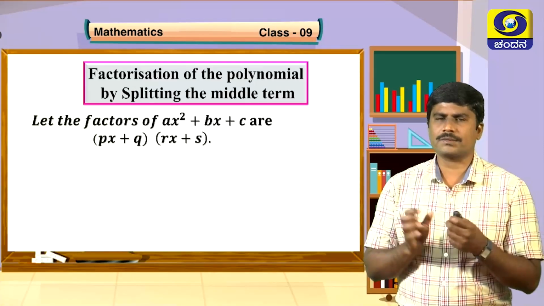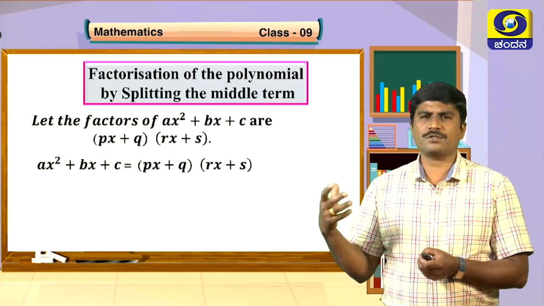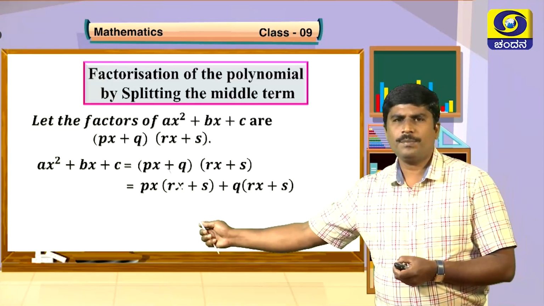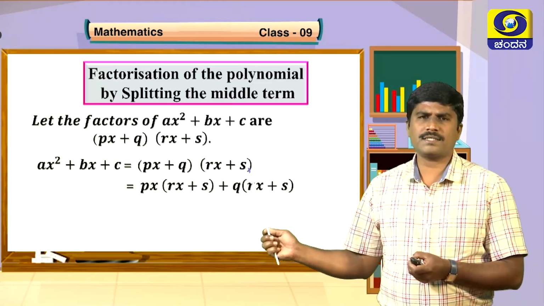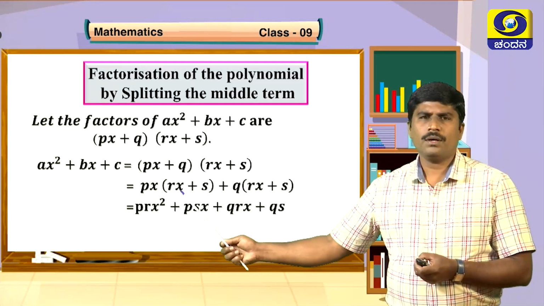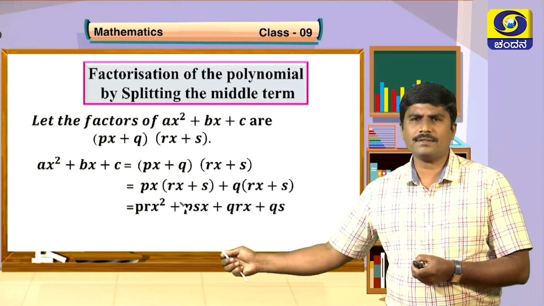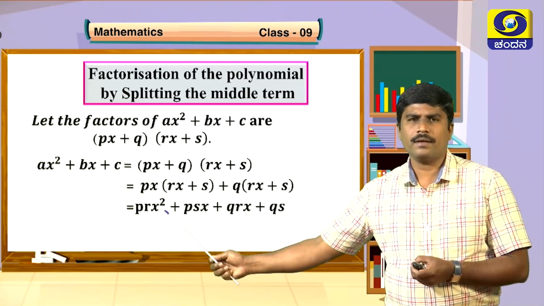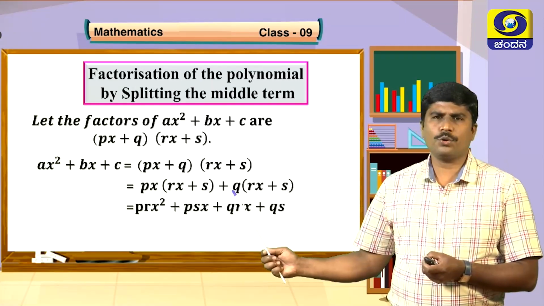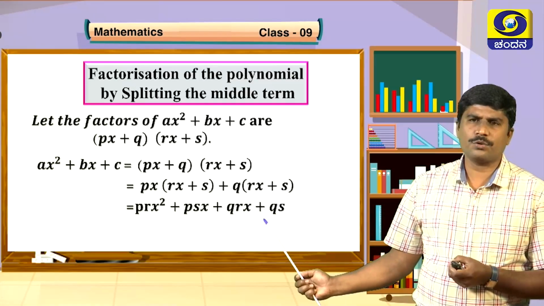Now if you multiply these factors, px plus q and rx plus s, what do you get? px into rx plus s, and q into rx plus s. If you multiply px and rx, you get pr x square. If you multiply px into s, you get psx. q into rx is qrx. q into s becomes qs.